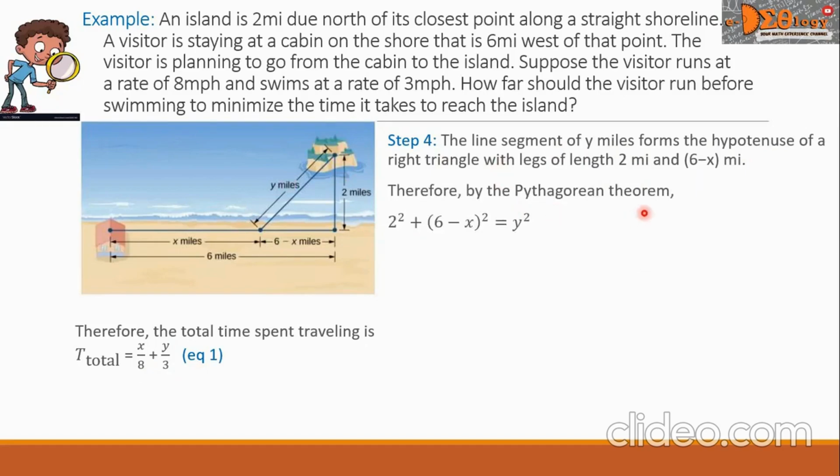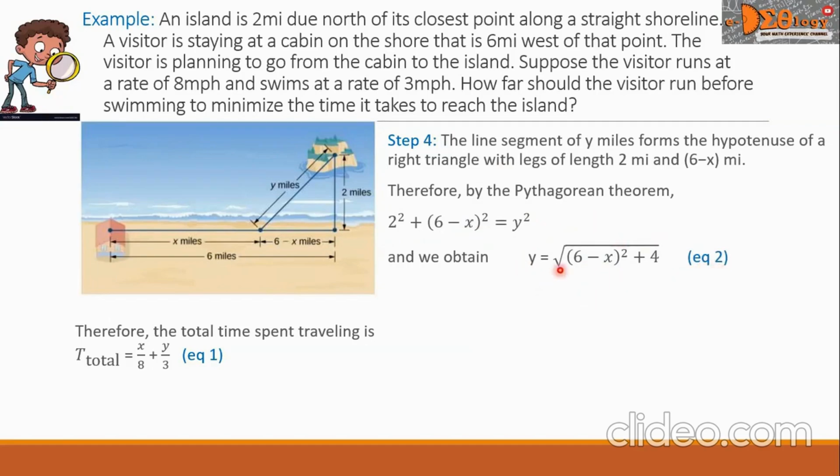Therefore, by Pythagorean theorem, we can write 2 squared plus the square of the quantity 6 minus x equals y squared. Simplifying this, we can get the value of y, and that is y equals the square root of the quantity 6 minus x squared, plus 4. This equation here we regard now as equation 2.